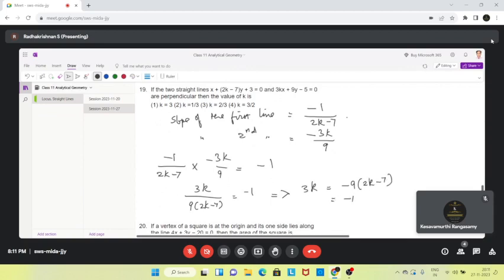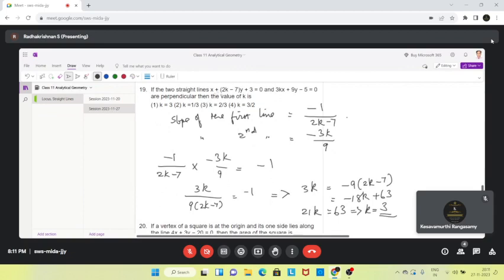This is minus 18k plus 63. So I'm bringing this 18k on this side. It gives me 21k equal to 63 or k equal to 3. Okay. So having got this answer, sometimes we can even verify.